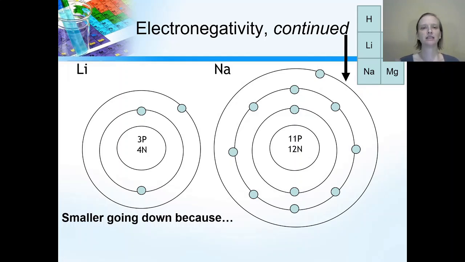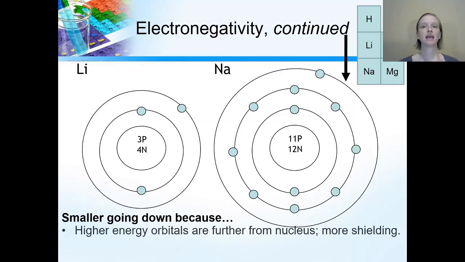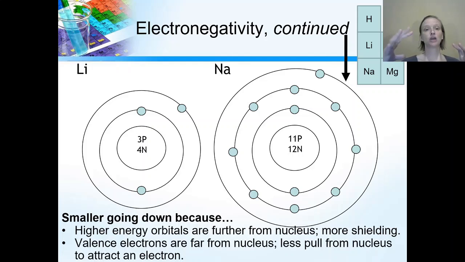As you move down a group, electronegativity decreases because as you move to higher energy orbitals, those are further from the nucleus, there's more shielding, so there's less pull from the nucleus and less ability to attract an electron.